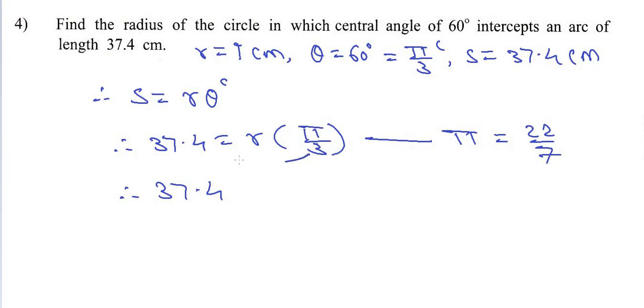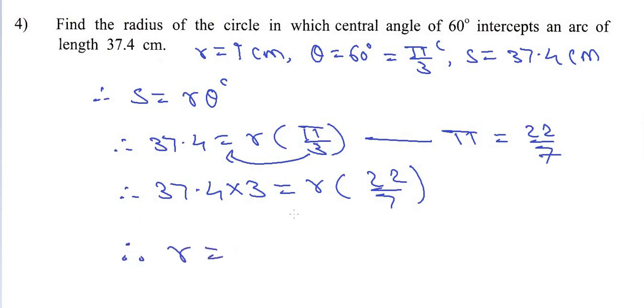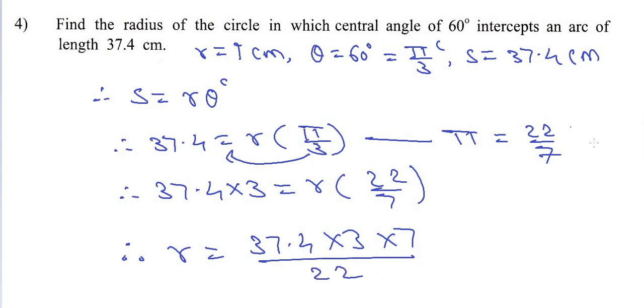When shifted to the left hand side, it will go to the numerator. 37.4 multiplied by 3 is equal to R into 22 upon 7. And so finally we get R is equal to, shift this 7 to the numerator on the other side, 37.4 into 3 into 7, and that 22 will go to the denominator.